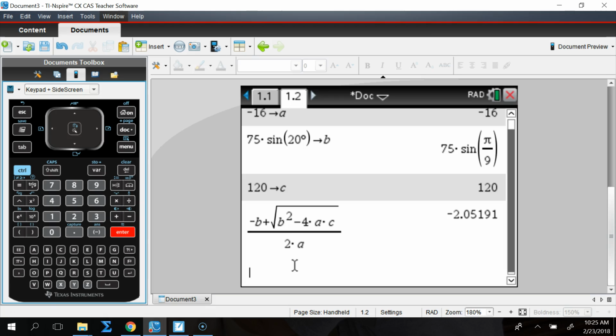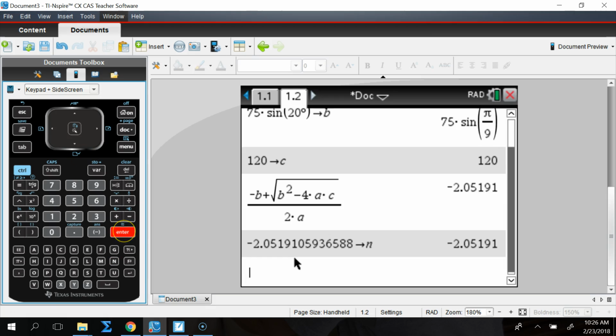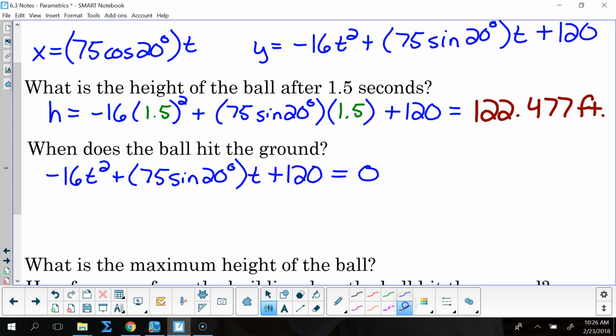Is that a zero that I want? No. But I might need it later on, right? So I'm going to quick store that, I'm just going to use N for not my zero. So that gives me the first one, negative 2.05191.